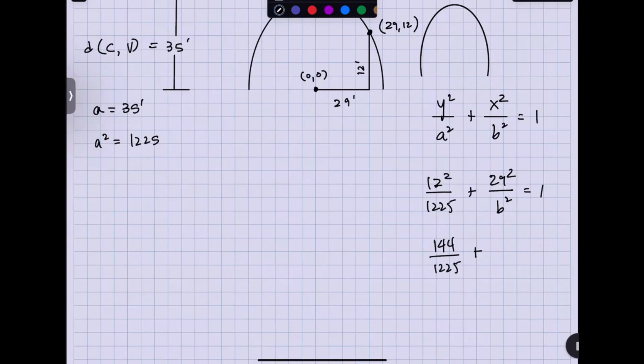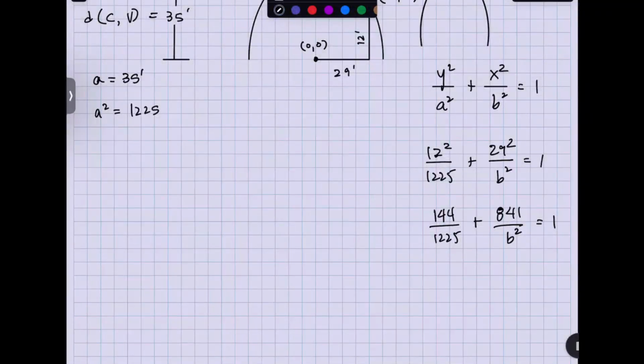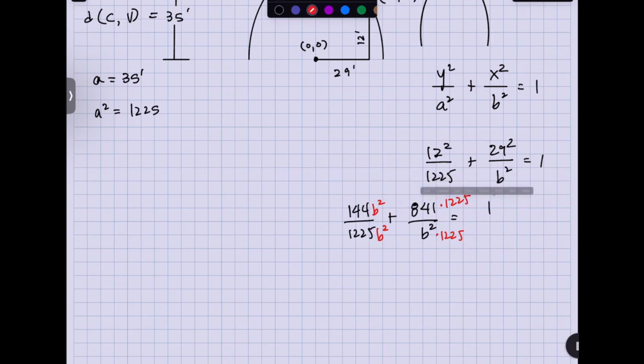What's 29 squared? 841. What's 841 times 1225? Really big number?